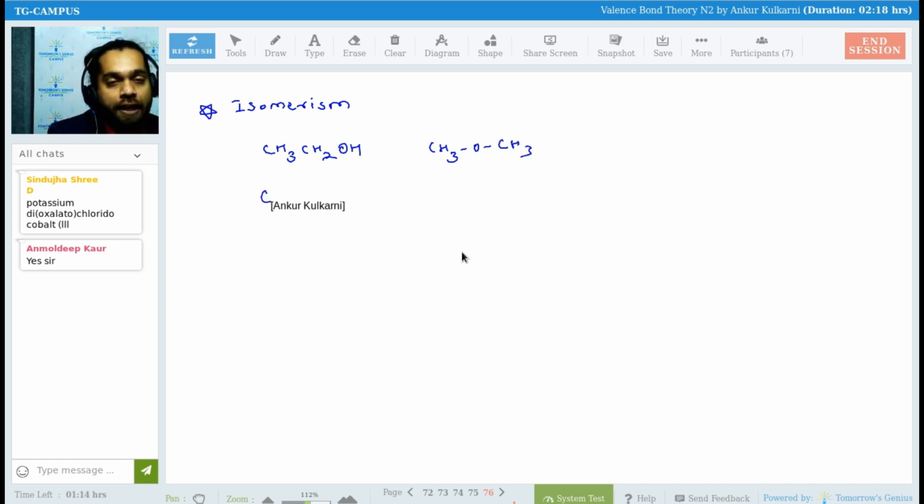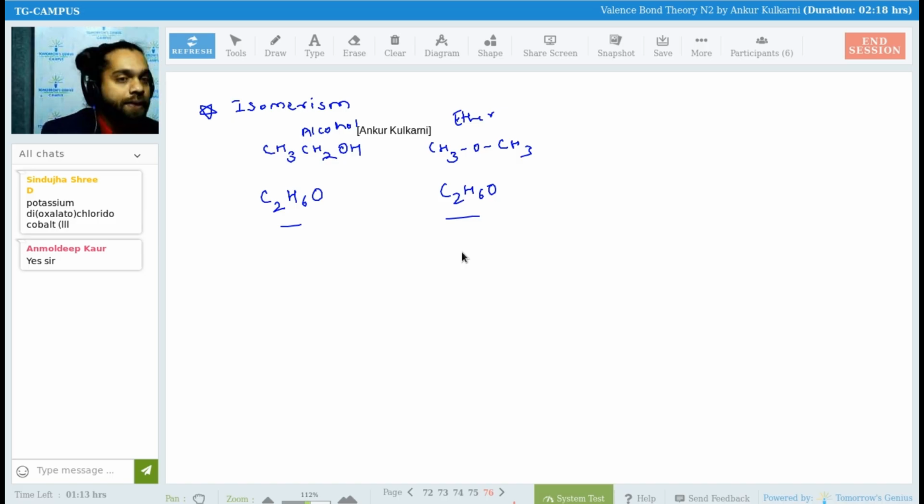Correct, ethanol. In ethanol, I have 2 carbon, 6 hydrogen, O. Over here also, I have 2 carbon, 6 hydrogen, O. So I have ethanol and ether. Same thing, but 2 different functional groups. This is ether, that is alcohol. I have the same molecular formula, C2H6O, but different structural formula.